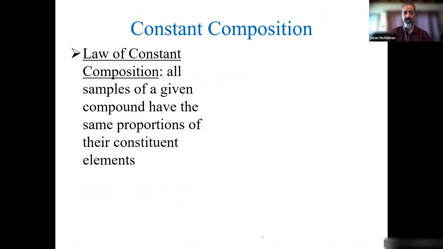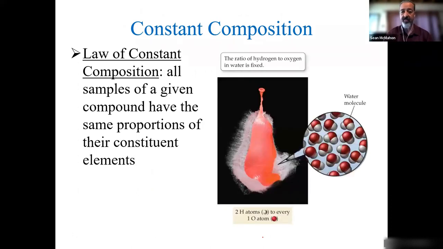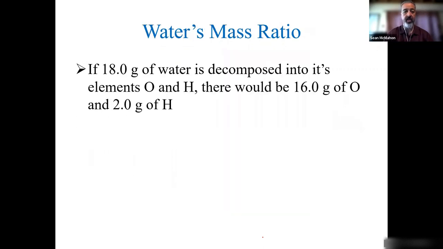So one of the things we need to understand is the law of constant composition. That means if I take a compound, it will always have the same ratios or proportions by mass. So let's look at water, okay? If I have 18 grams of water and I decompose it, 16 grams of it will give me elemental oxygen, which is actually a diatomic O2, and 2 grams of hydrogen, another diatomic, H2.